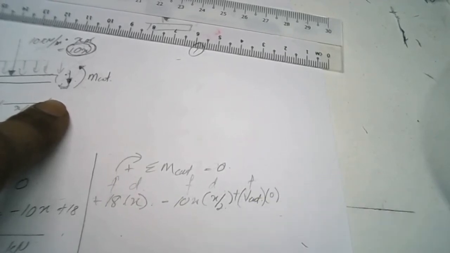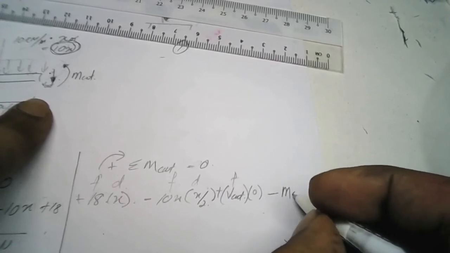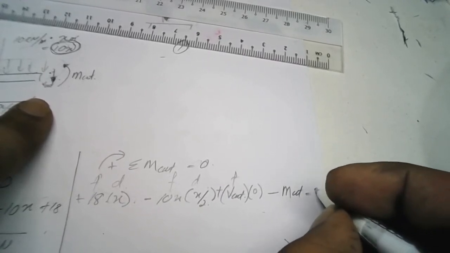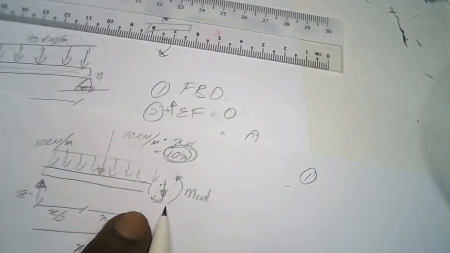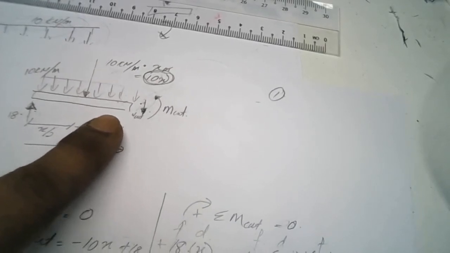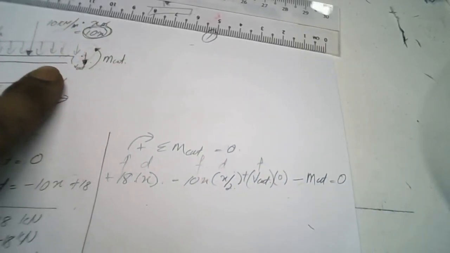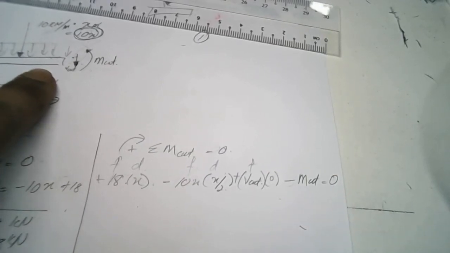So you can put positive 18x minus 5x squared minus M cut equal to 0. The M cut here is negative because it is against the direction we declared earlier. Then you just solve the equation. At the end, what will you get?